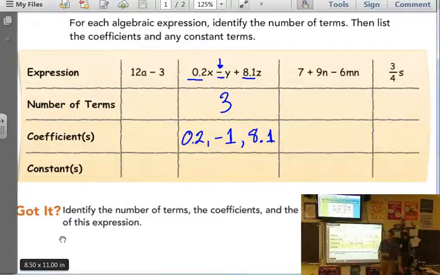So now, when we talk about constant terms, what is a constant? What does it mean to be constant? Yeah, Casey? It's always there, and do we know what it is? Like, if you have a constant value, do you know what it is?